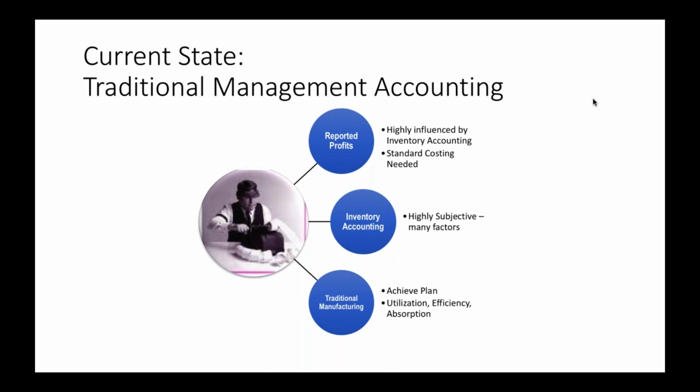And you have this traditional manufacturing viewpoint of achieving our production plan, maximizing utilization, maximizing efficiency, maximizing absorption. That's typically the current state where you start.